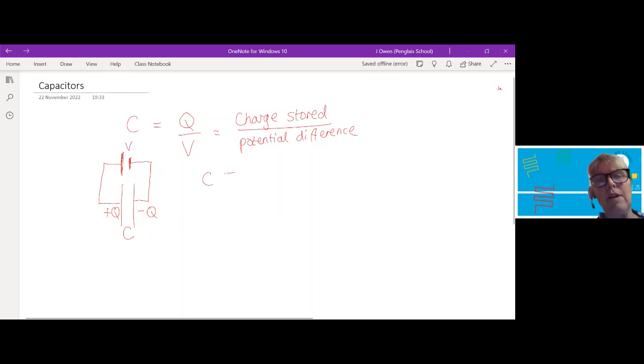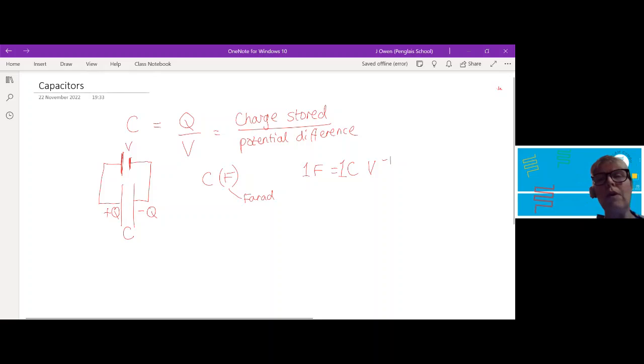So we say in the little brackets there, farad, F, and we define a farad in terms of the other units. So 1 farad equals 1 coulomb per unit volt. Okay, so 1 farad is the capacitance of a plate, the ability of the two metal plates to store the charge per unit voltage supplied across those plates.